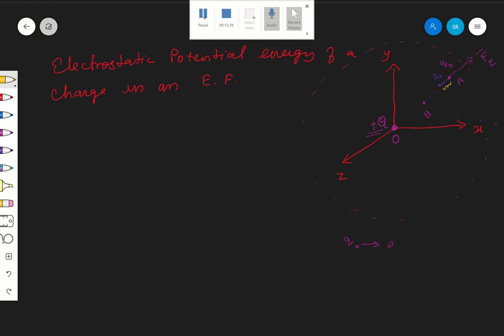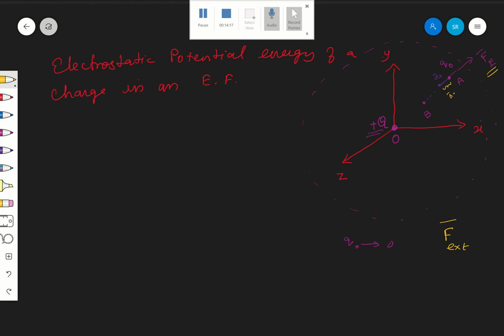So I want to move the charge Q naught through a very small distance dr by applying some external force, F external, and that is very important. I am going to apply the external force in the direction towards plus q, which means it is opposite to Fe.